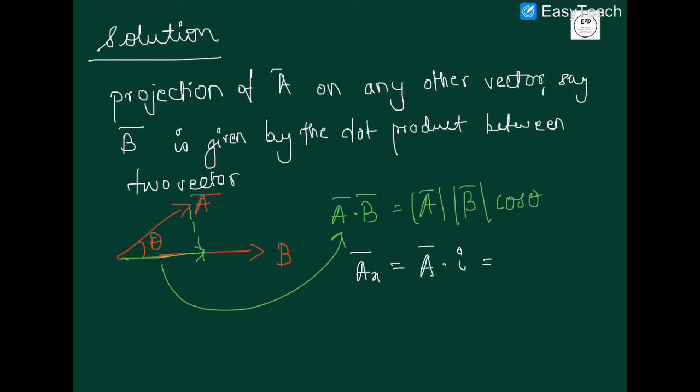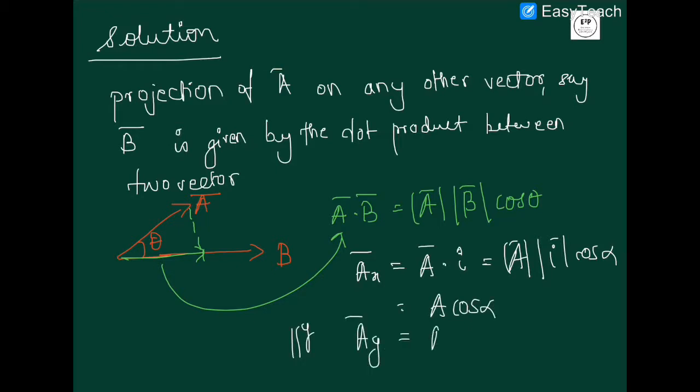This will be nothing but mod of A into i cap cos alpha, which is A cos alpha. Similarly, we'll get AY as A cos beta and AZ as A cos gamma. Rectifying a quick mistake over here: AZ is A cos gamma.